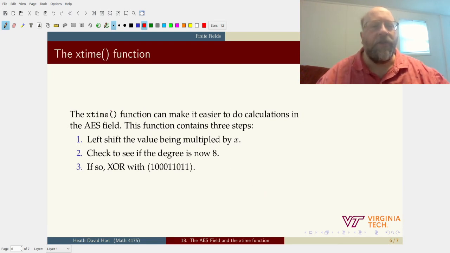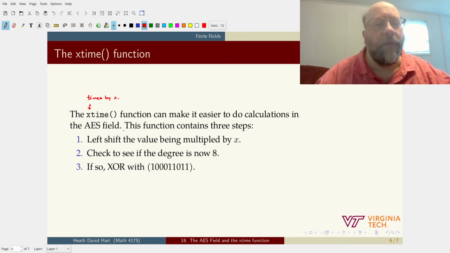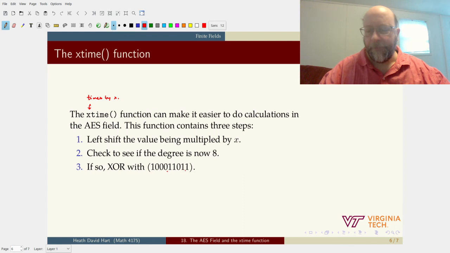The xtime function, this is what they call it in the AES specification, it times a polynomial by x. So this is what's happening here. We left shift the value being multiplied by x. Then we check to see if the degree is now 8. If it is, we XOR with 1, 0, 0, 0, 1, 1, 0, 1, 1. Okay.